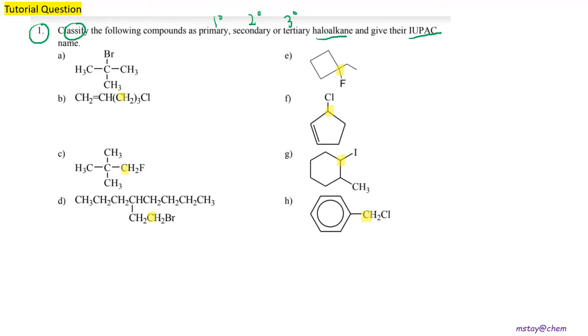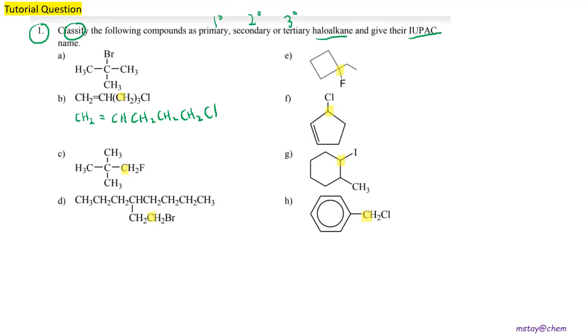So for the structure B, maybe I need to expand the structure, become CH2 double bond CH, CH2, CH2, CH2, Cl.